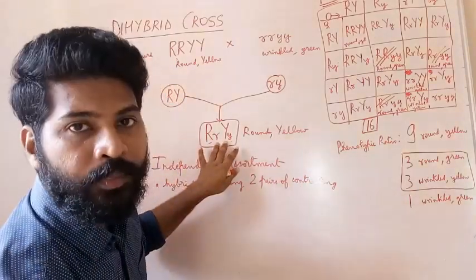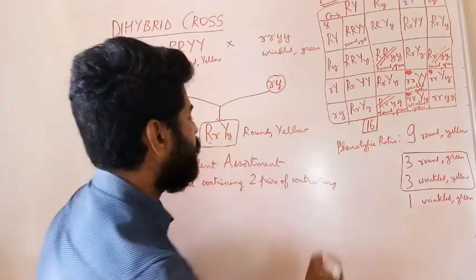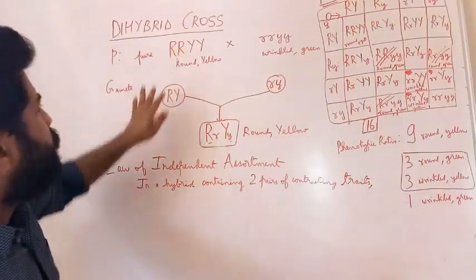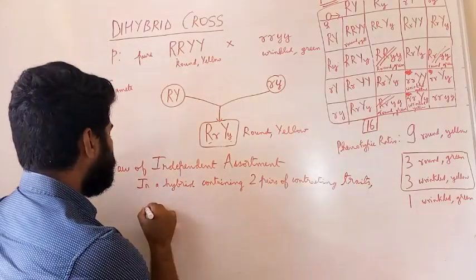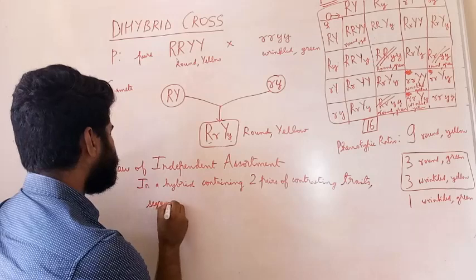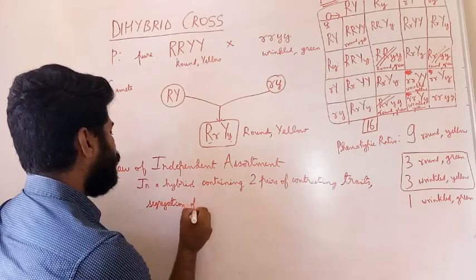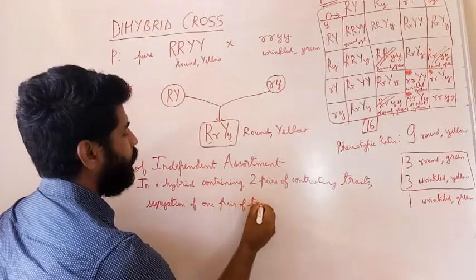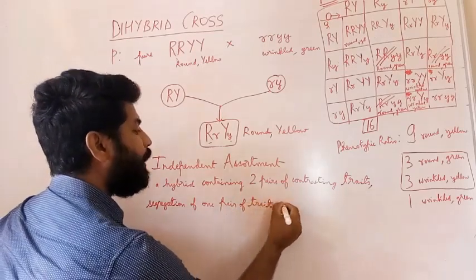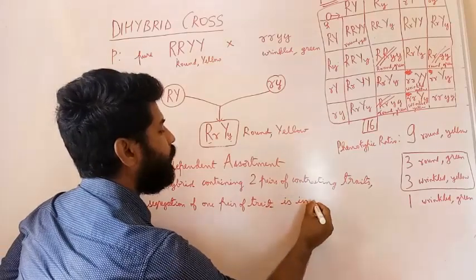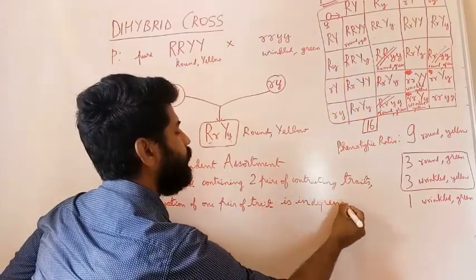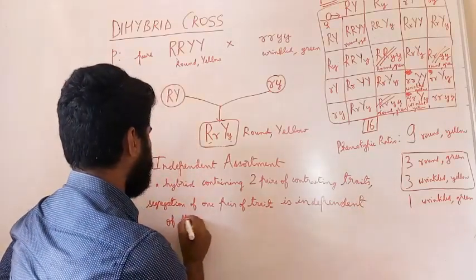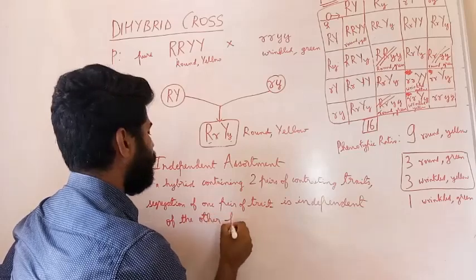This is a hybrid. It contains two pairs of traits. So what happens is the segregation of one pair of traits is independent of the other pair.